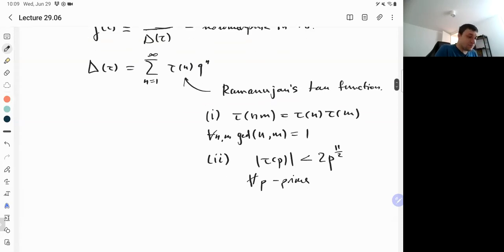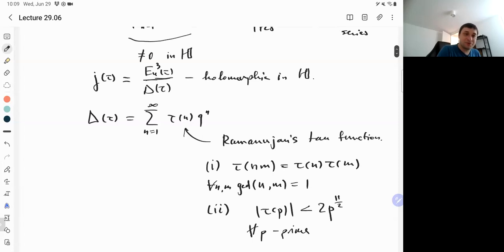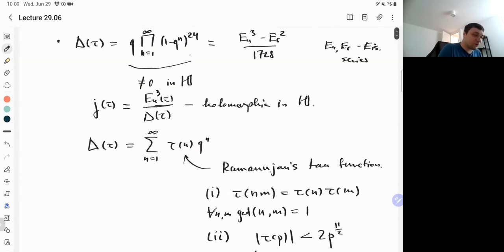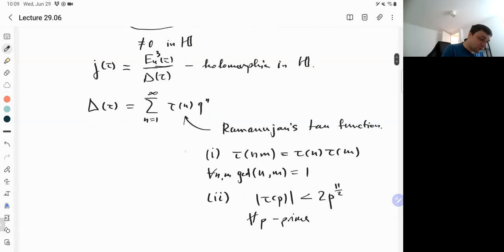These seem like innocent looking statements. You can write down the full statement of these two claims, because you can just write down this power series here. And both are amazingly deep things.